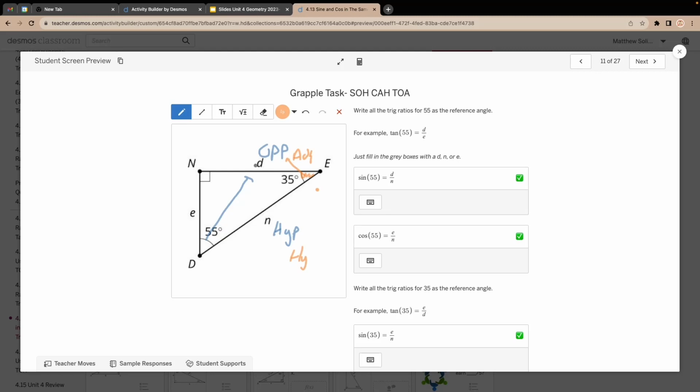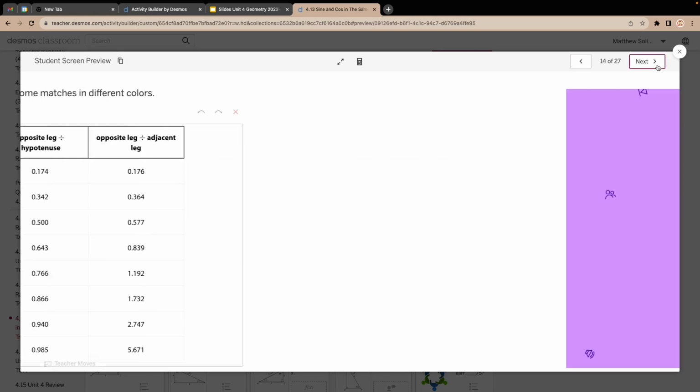So the opposite over hypotenuse for 55 is the same thing as the adjacent over the hypotenuse for the 35. So it's just the same thing when we look at different angles. The sine of one angle is equal to the cosine of the other angle. That's really all that's happening.